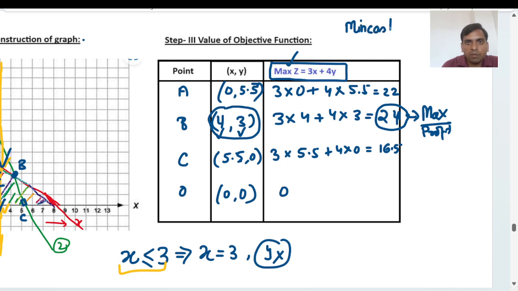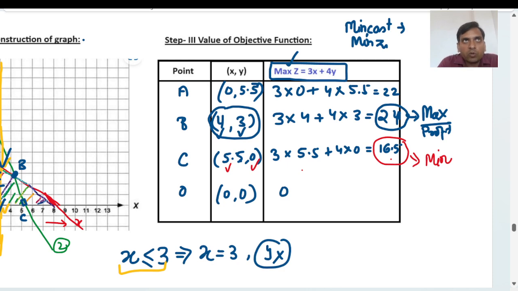So you will find the minimum cost, or we can write this as minimum Z. In that situation, we will consider the minimum value. So in this case, the minimum value is this, if this is the case of cost. This is considered the minimum value, and the respective values of x and y are 5.5 and 0.